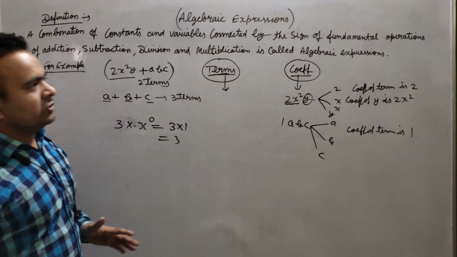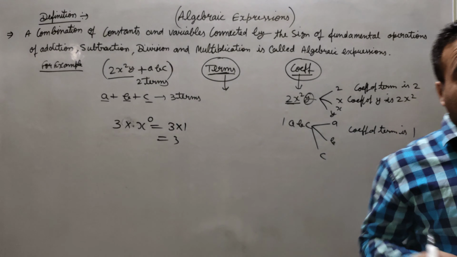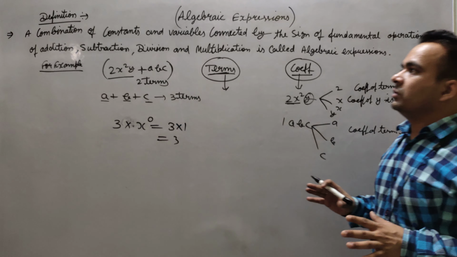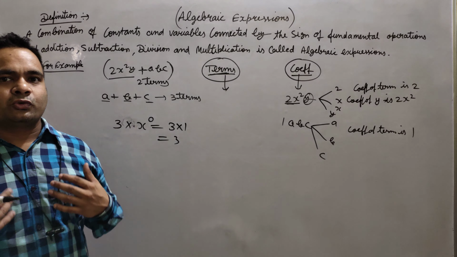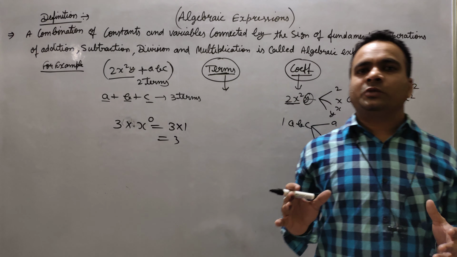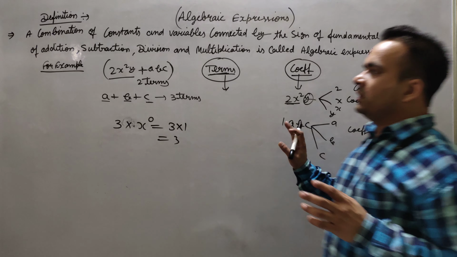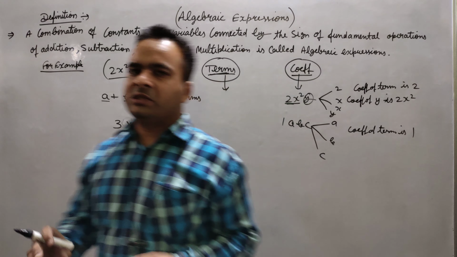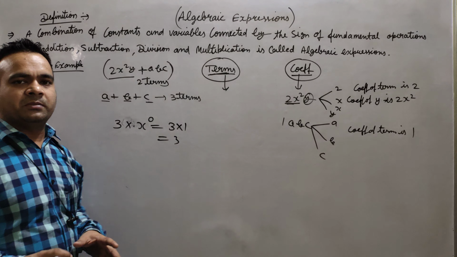So finally the conclusion is that the constant is also a part of an algebraic expression. Now I think students or anybody can understand, it means everything is in algebra. Whatever we are doing in mathematics, that is algebra. Constants are algebra, it means everything is algebra.